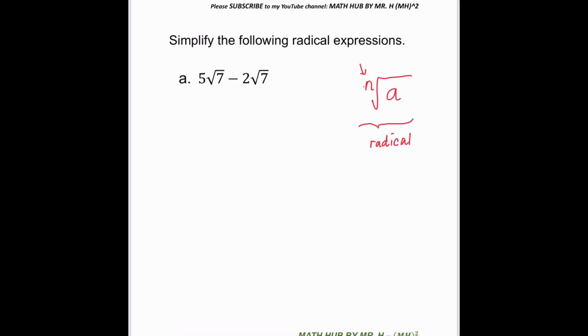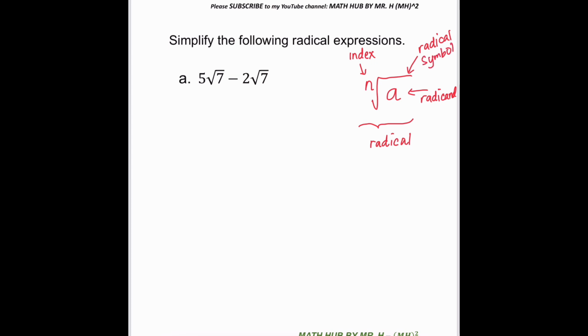This n right here could be any number. So n can be greater than or equal to 2, and it's an integer. So we call it the index. The a here, we call it the radicand. And the radical symbol or the radical sign.